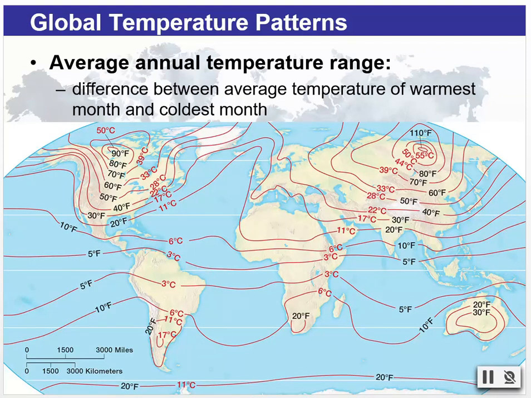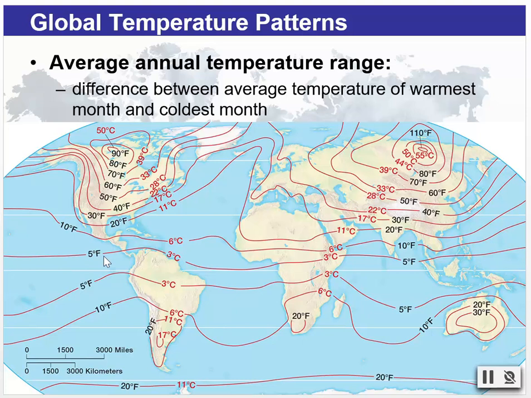Here you can see the average annual temperature ranges, showing that where we have this 5 degrees Fahrenheit or 3 degrees Celsius, that is not the actual temperature that exists here. That shows you that the annual range is only 5 degrees Fahrenheit. So that might mean the summer really close to the equator is going to be 90 degrees, and the winter is going to be 85 degrees, a range of 5 degrees.